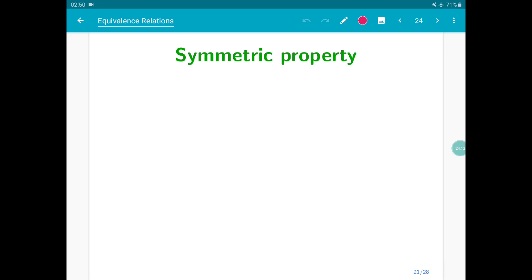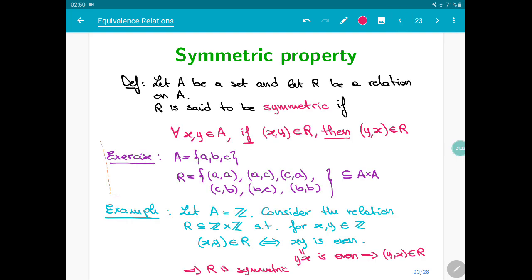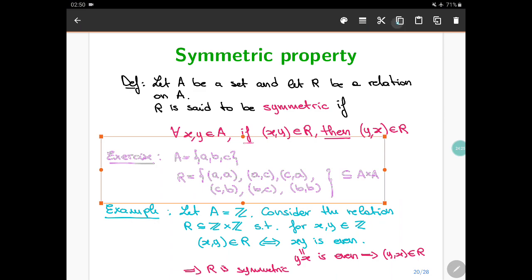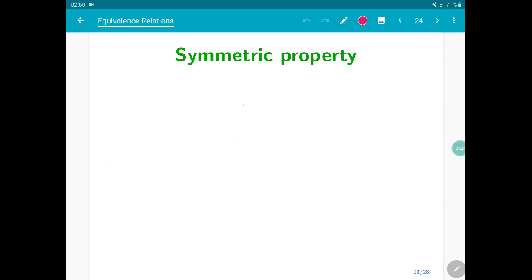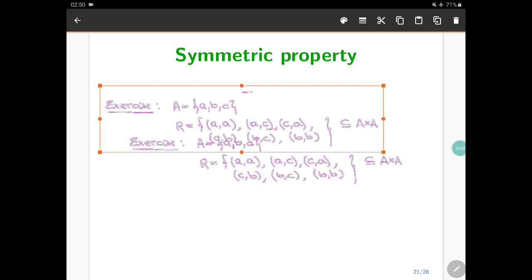Okay, so in this case, visually, how do we see that a relation is symmetric? Well, let me take this example that we constructed in the previous slides, okay?